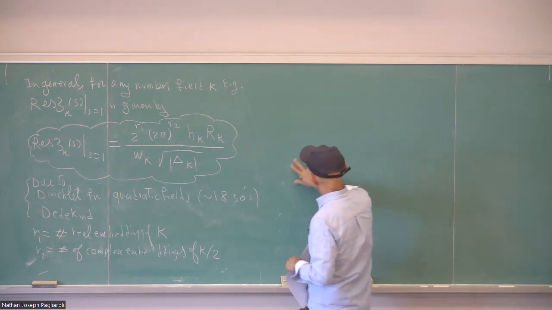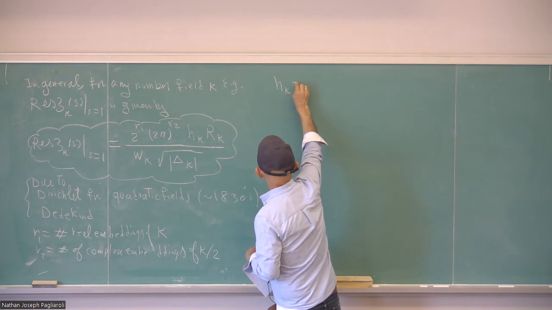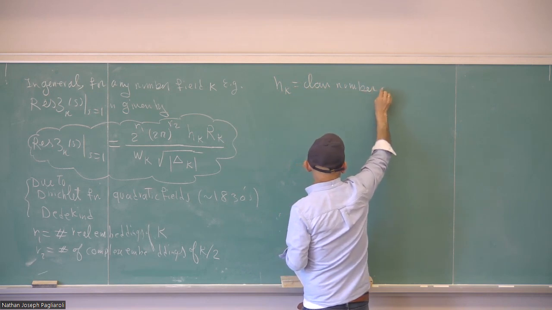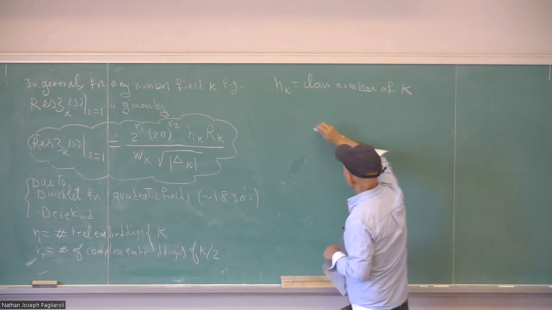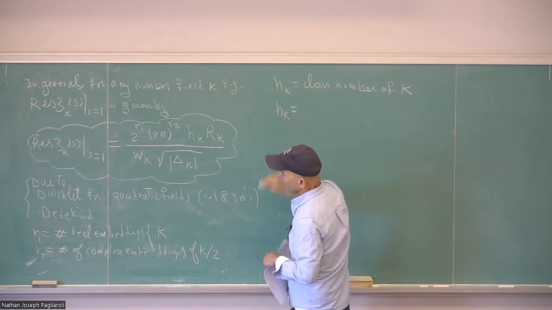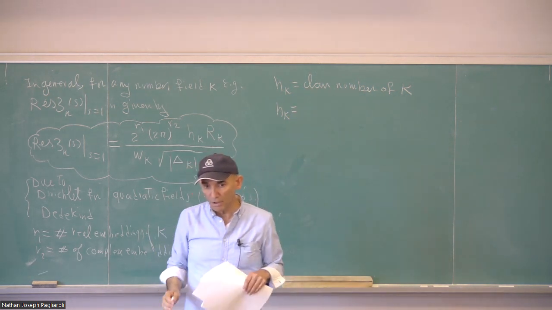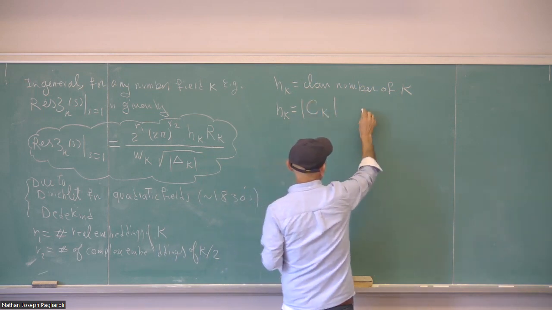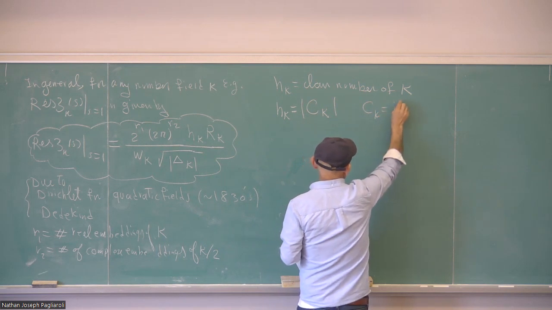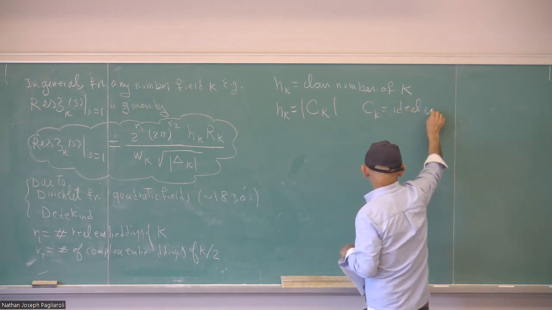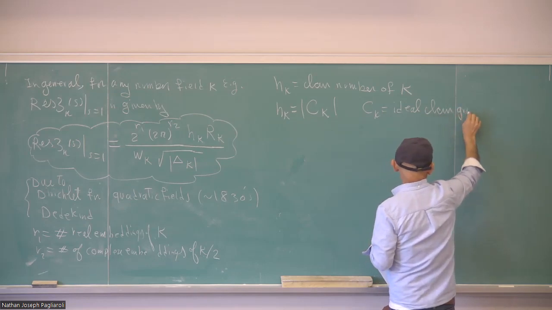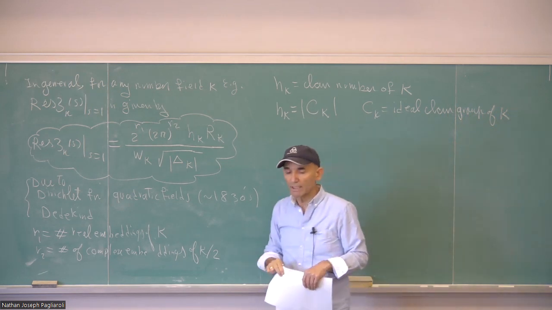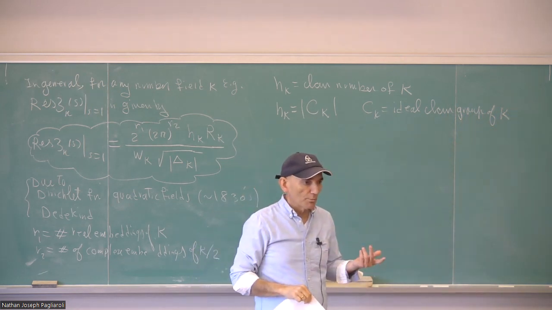So hK is the class number of K. So hK, by definition, is the order of the ideal class group of K, C of K. Well, C of K is the ideal class group of K. So that's a very important invariant you attach to any number field.